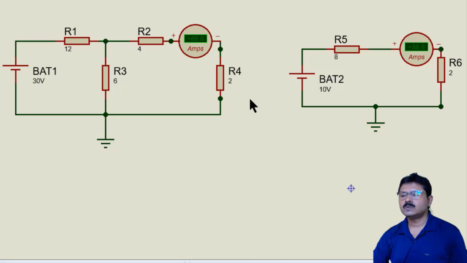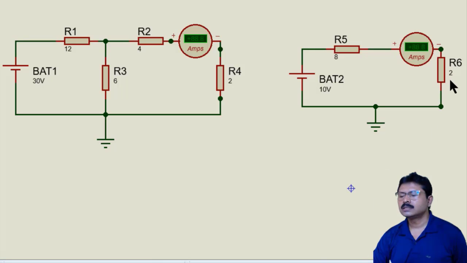Now to check the current through this 2 ohm resistance, an ammeter I have included in the circuit. Here also, to find out the current through this 2 ohm resistance, an ammeter is inserted into this circuit in series. I will run this simulation, and if we find current indicated by this ammeter and current indicated by this ammeter are same, then no doubt we will assure that this circuit and this circuit are same circuit.